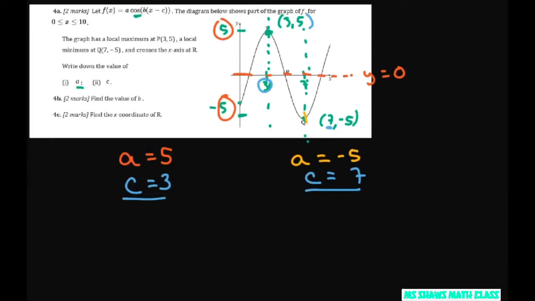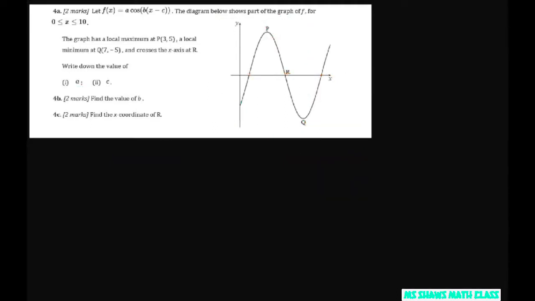Now find the value of b, and I'm going to go ahead and start here. We're at 3, and at q, we're at 7. That's just half of the graph.